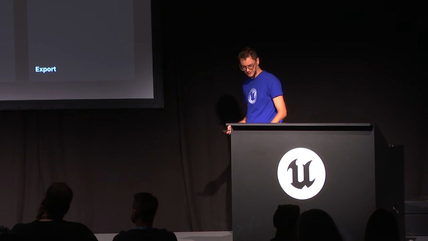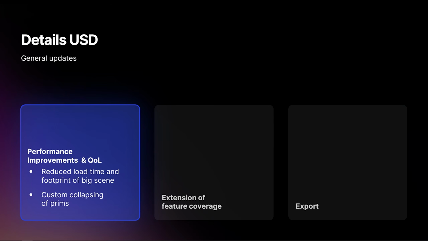The other main topics we are working on in USD, where you might notice some improvements: we added some quality of life improvements, so performance when reducing load times and the memory footprint, especially when you're loading big scenes, both on legacy and Interchange.